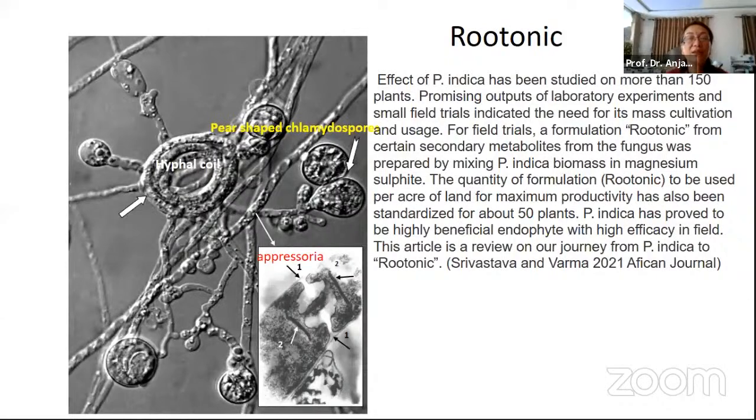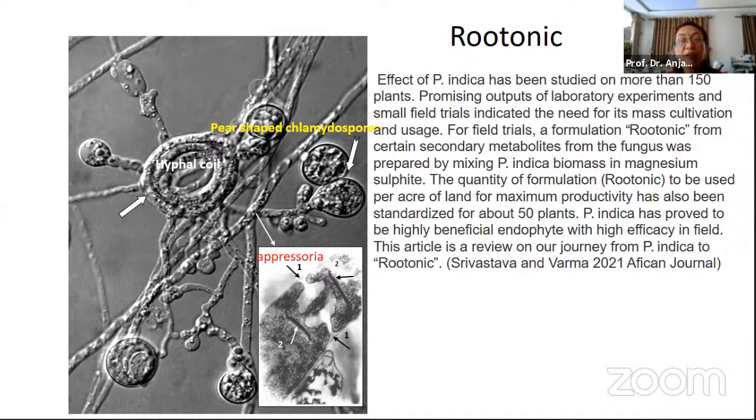And here the scientists from MIT University have coined the word Rootonic, because this Piriformospora indica had been studied in almost more than 150 plants, and it has a promising output of laboratory experiments, and they have also studied in small field trials, indicating the need for its mass cultivation and usage.